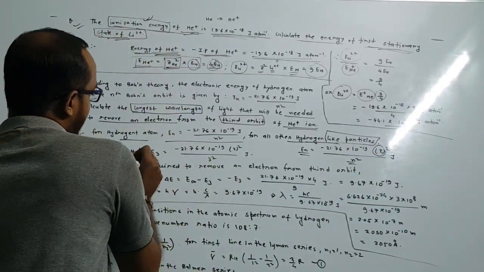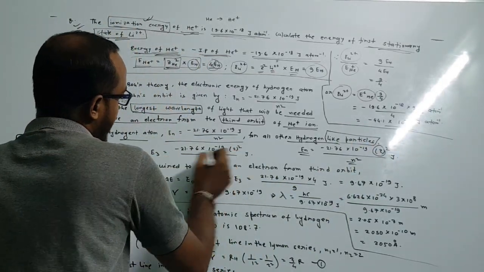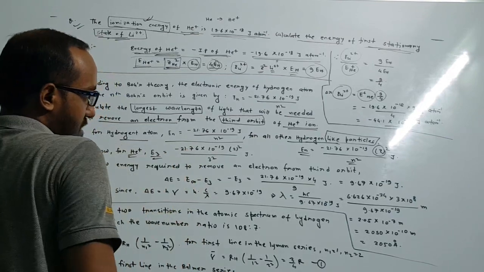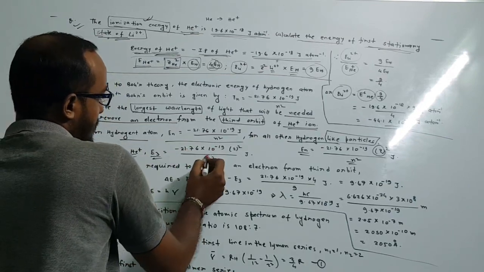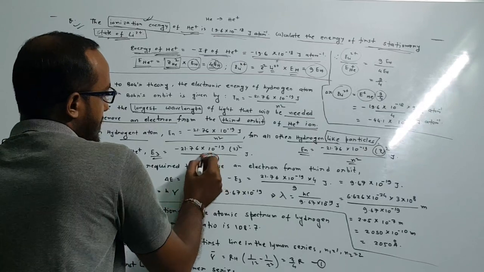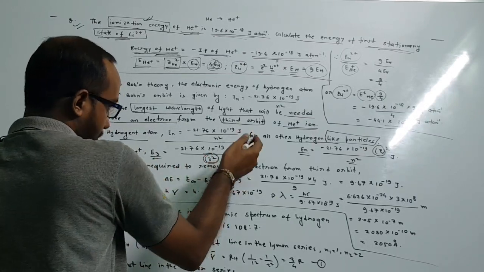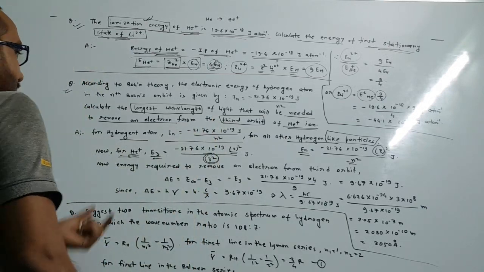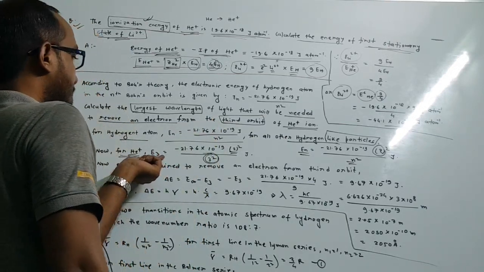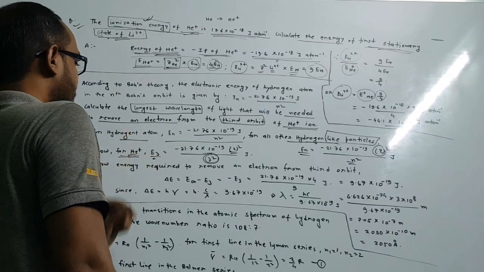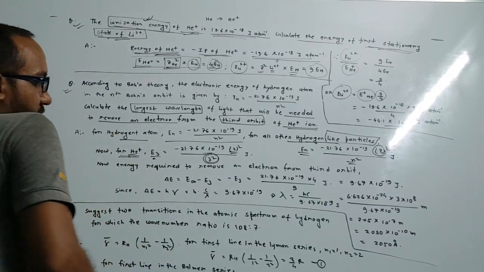So for helium, Z is 2, so 2 square. For the energy in the third energy level, E3, n square is 3 square, and the atomic number of helium is 2 square. Put the values, you will get the energy in the third level of helium plus ion.